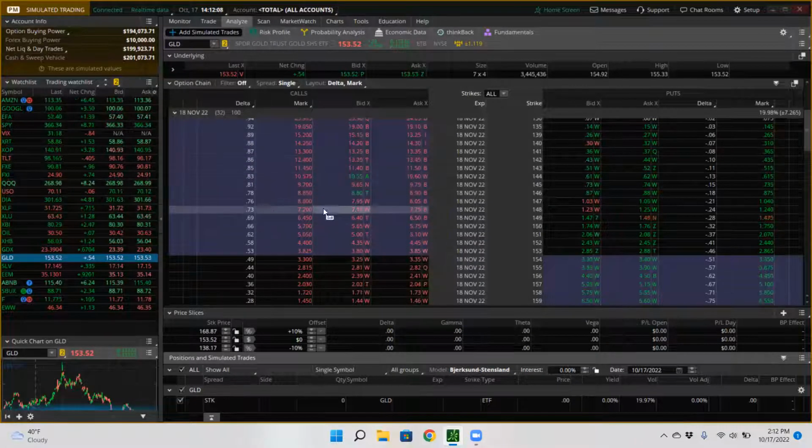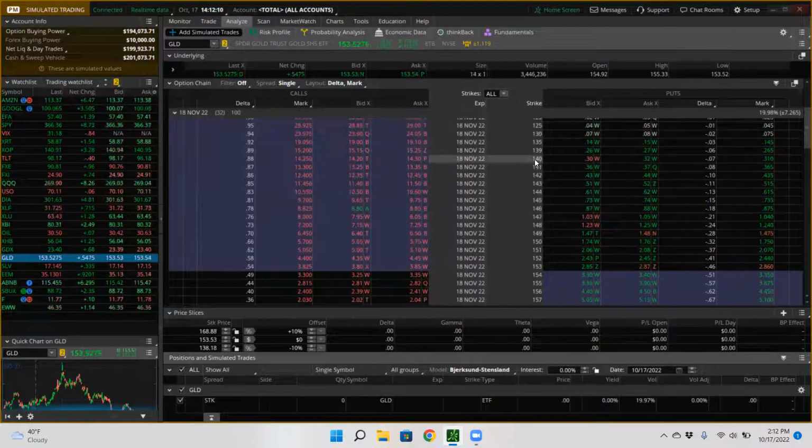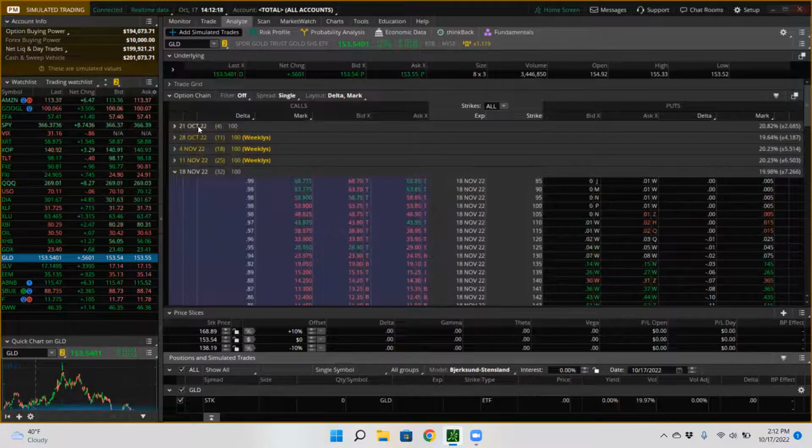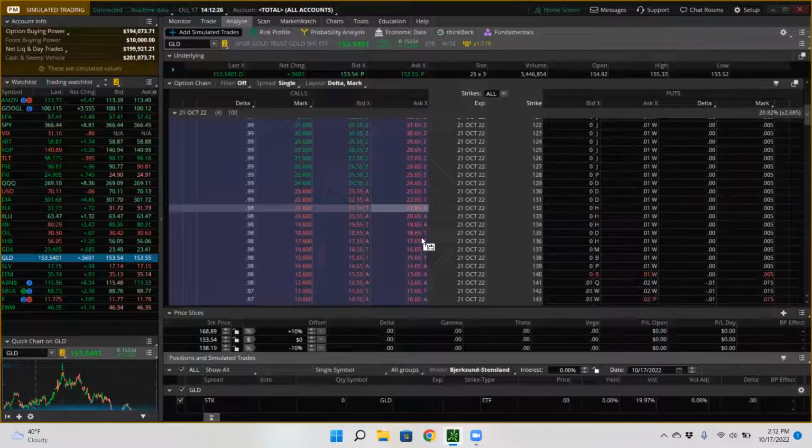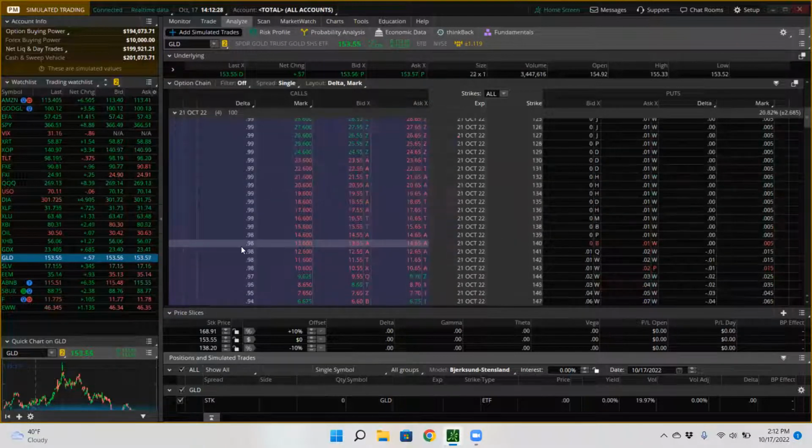Because all options contracts will eventually expire, this one is 32 days out. If we look at the $140 strike price on this, and we're 32 days out from expiration for that, we can scroll up. We're in expiration week this week. So I'm going to drop this down. We'll look at the 140 on this one as well. So the 140 on this one has actually just changed over to a 99 delta.